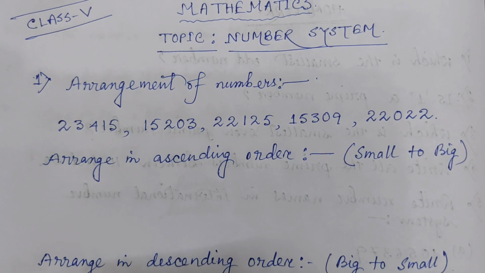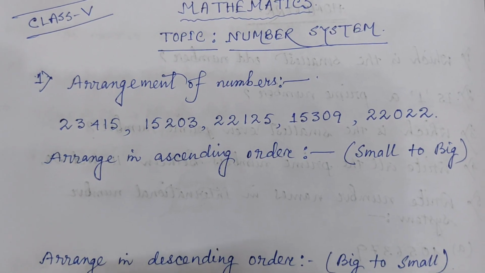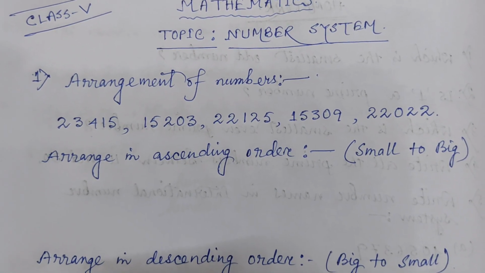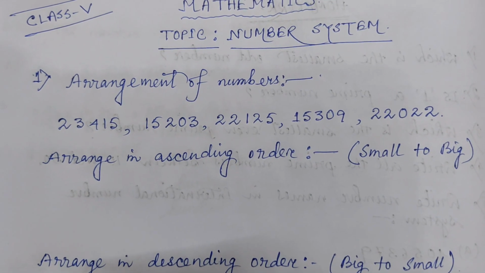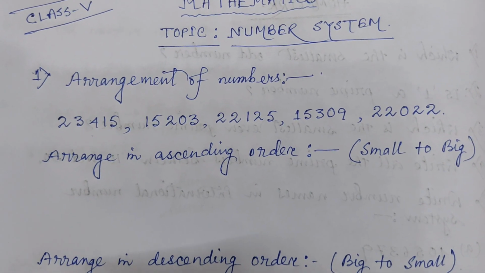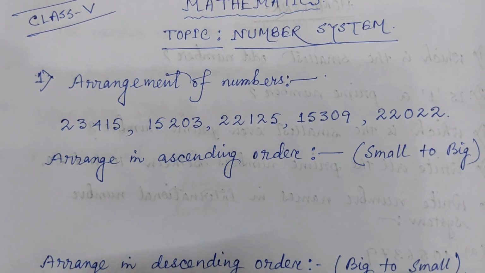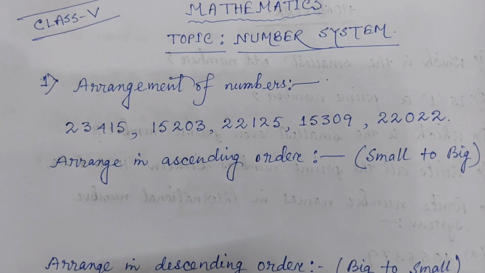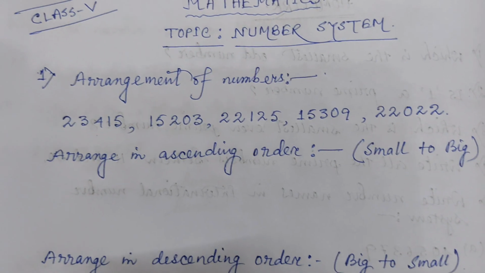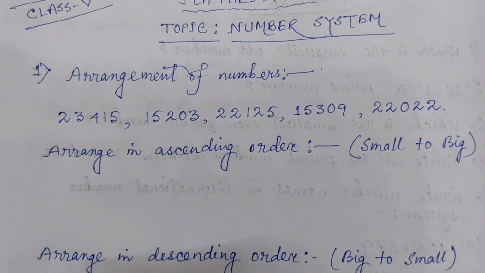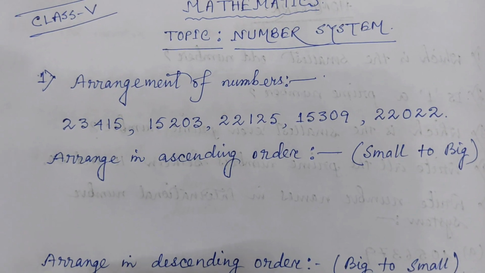Arrangement means some numbers will be randomly arranged. You have to arrange the numbers either in ascending order or increasing order, or in descending order or decreasing order.